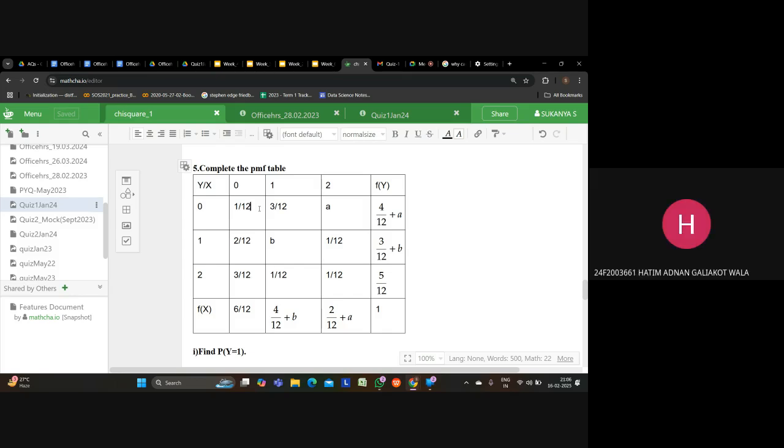Ma'am, A and B must be 0. Yeah, A plus B is equal to 0 is how you end up. A and B is equal to 0.